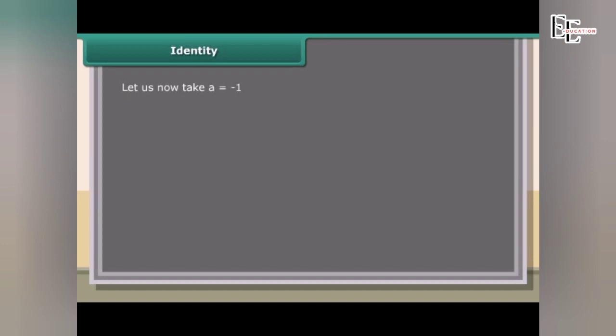Let us now take a as minus 1. LHS is equal to minus 1 plus 5 into minus 1 plus 3, which is equal to 4 into 2, which is equal to 8. RHS is equal to minus 1 square plus 8 into minus 1 plus 15, which is equal to 1 minus 8 plus 15, which is equal to 16 minus 8, which is equal to 8.